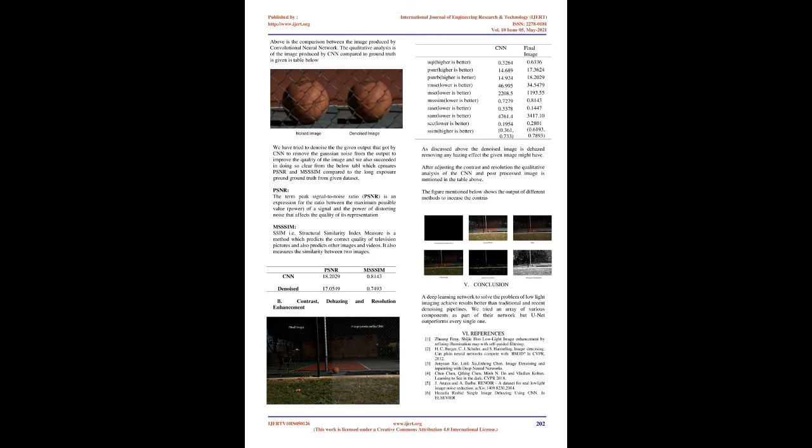Chen Chen, Qifeng Chen, Minh N. Do, and Vladlen Koltun. Learning to See in the Dark. CVPR 2018. 5. J. Anaya and A. Barbu. RENOIR, a dataset for real low-light image noise reduction. arXiv 1409.8230, 2014. 6. Huzaifa Rashid, single image dehazing using CNN. In Elsevier.